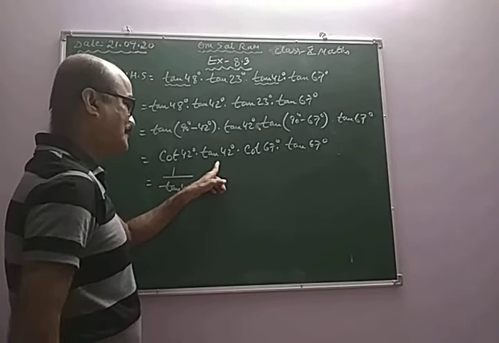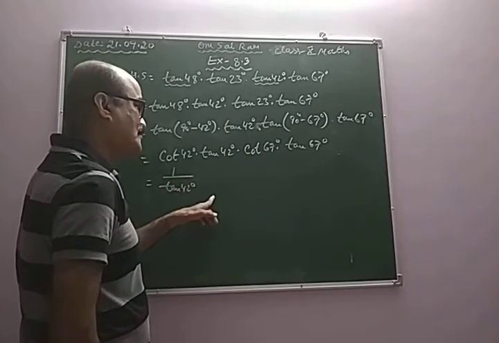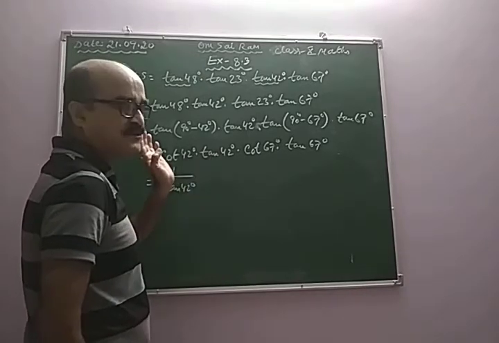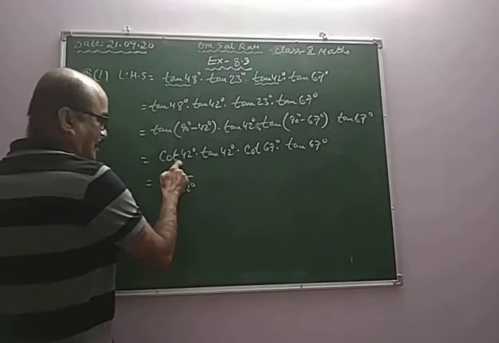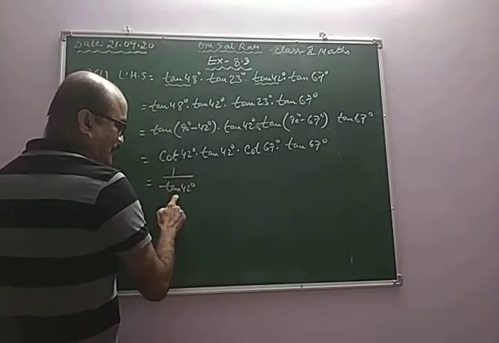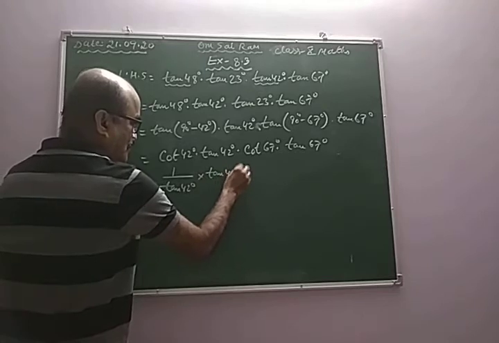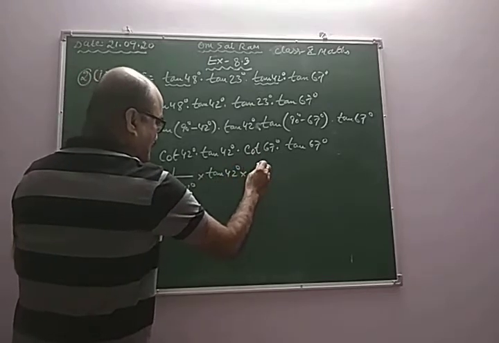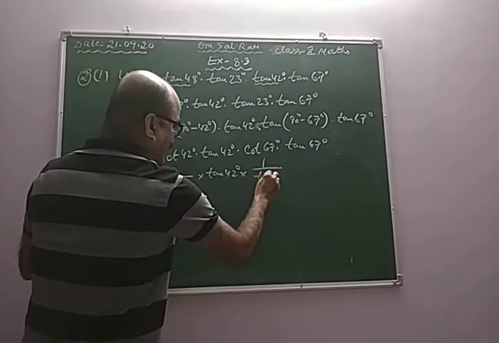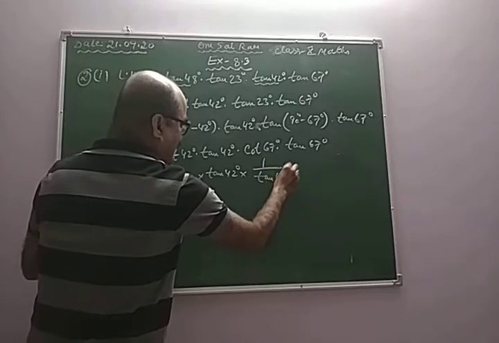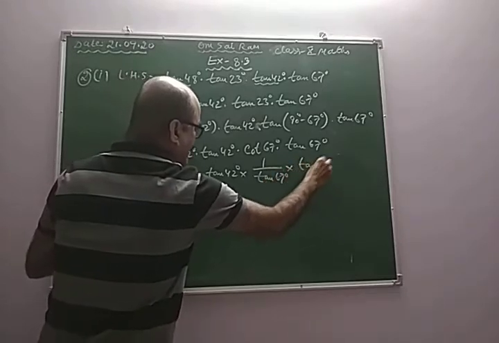Now, cot 42 can be written as 1 by tan 42, right? Or you can write tan 42 as 1 by cot 42, because tan and cot are reciprocal of each other. So cot 42 is equal to 1 by tan 42 into tan 42, into cot 67 is 1 by tan 67 into tan 67.